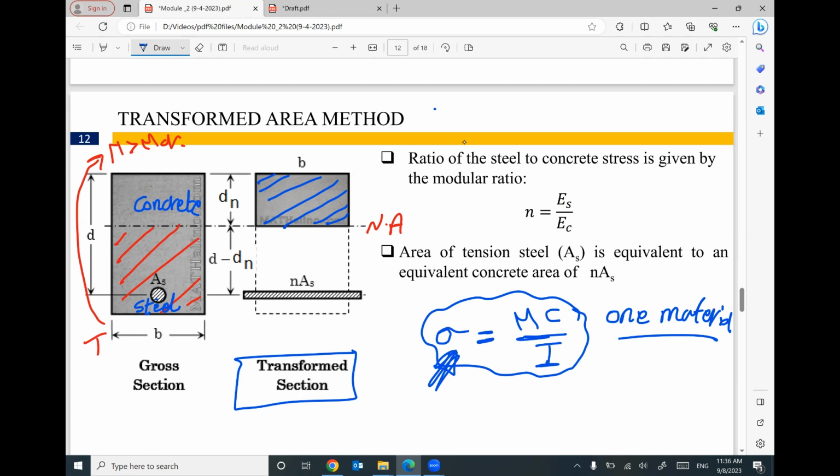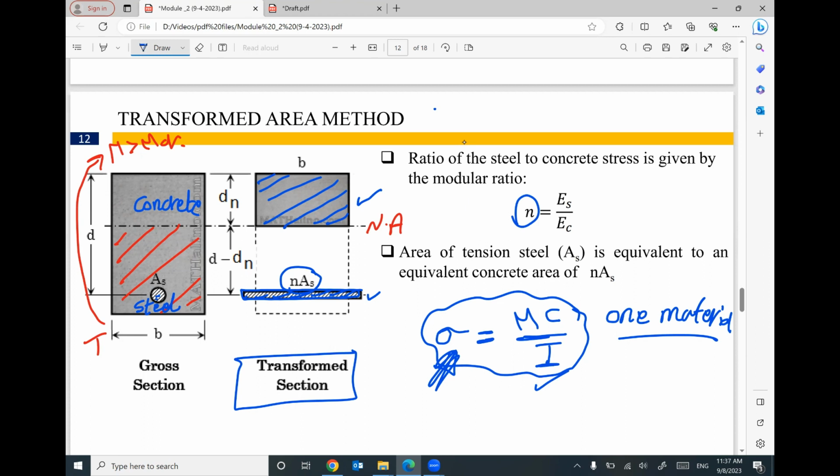I will convert the steel reinforcement to an equivalent amount of concrete, by a value called n. If you multiply the steel area by n, you get the equivalent concrete area. So at this moment, we have concrete at the bottom and concrete at the top, and we can use this expression.